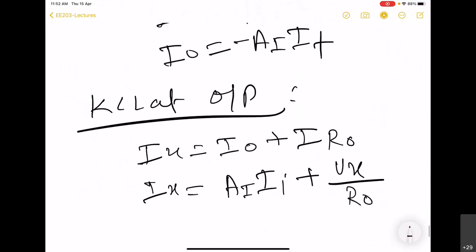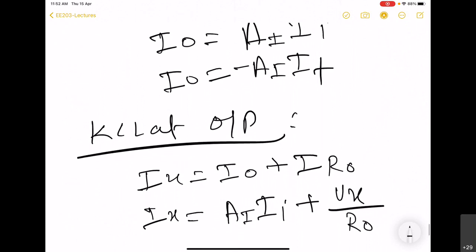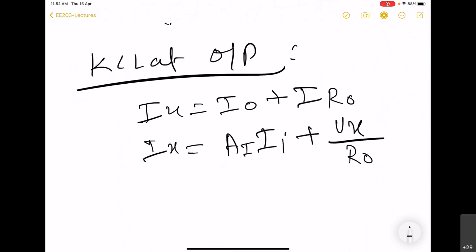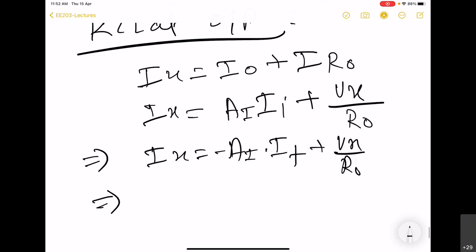Yeah. So what now we have to do is, this implies Ix is equal to AI, and this AI is, we have already seen from the feedback relation, is equal to minus IF, and IF we have seen is equal to beta into Ix.